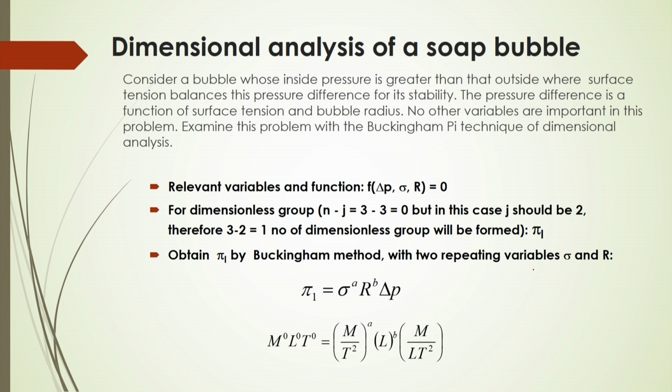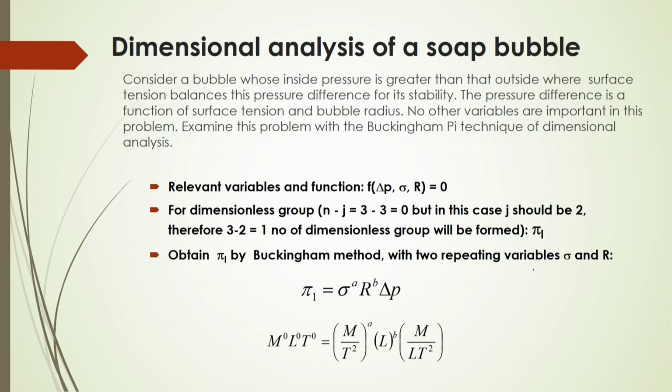In that case, we can express the pressure difference as a function of surface tension and the bubble radius. No other variables are important in this problem. So, only 3 variables are there. Based on the Buckingham pi technique, how can we do the dimensional analysis here?